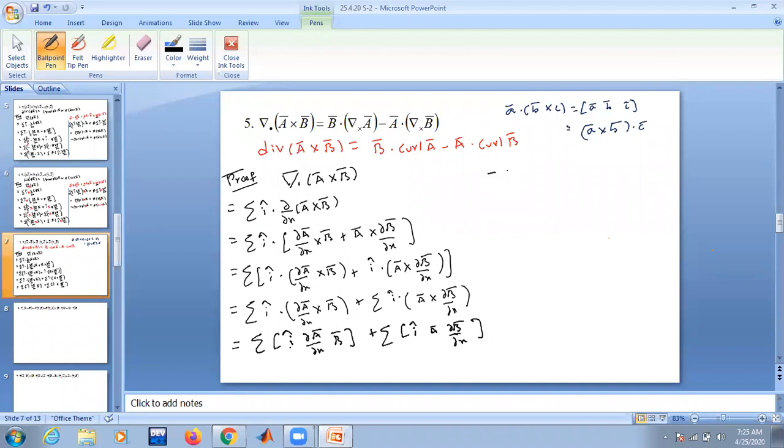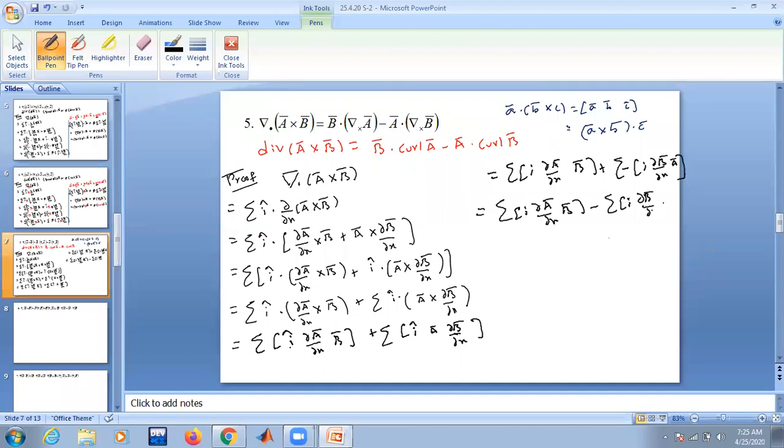So I will write it as summation box i dou a bar by dou x b bar, minus summation box i dou b bar by dou x a bar.